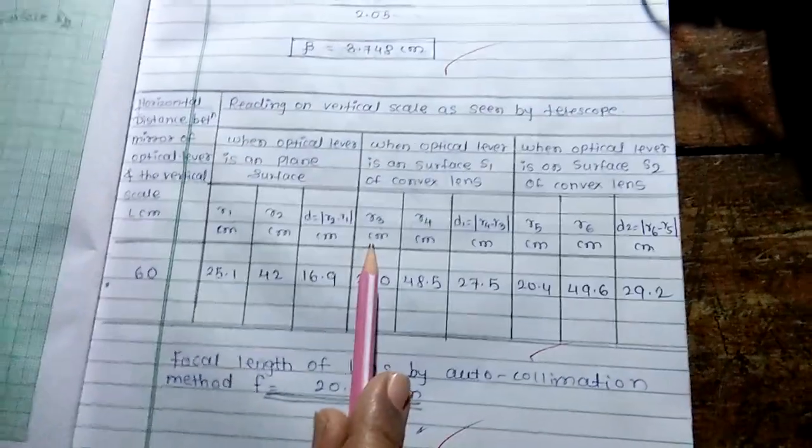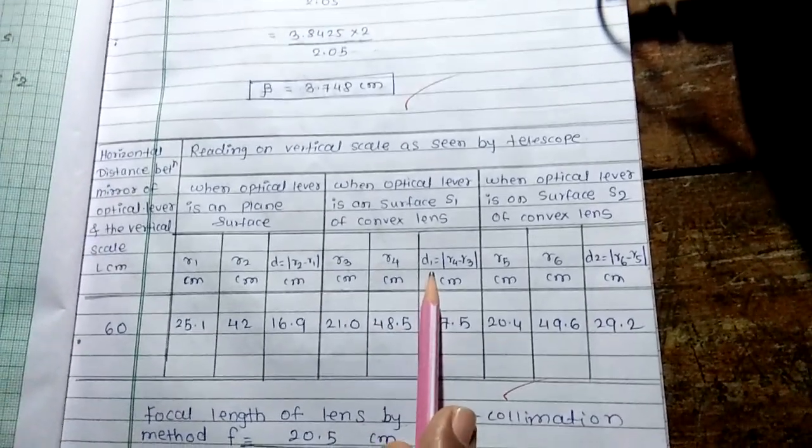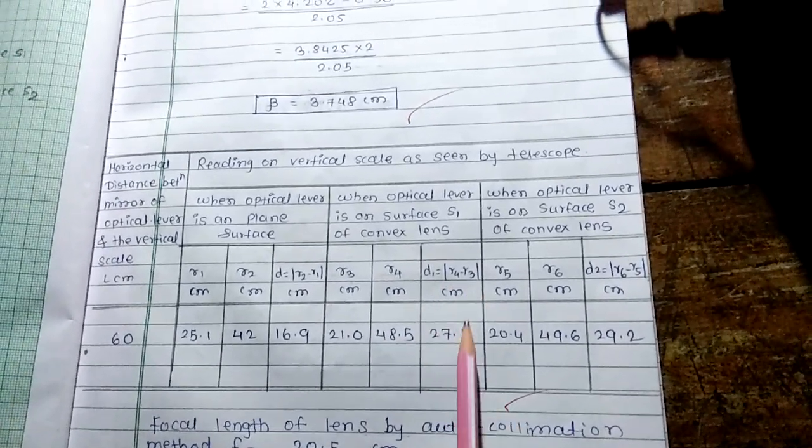Resting on hind leg, with the help of this cross wire, you have to record the next reading, say R4. The difference between R3 and R4 gives D1, that is modulus of R4 minus R3.